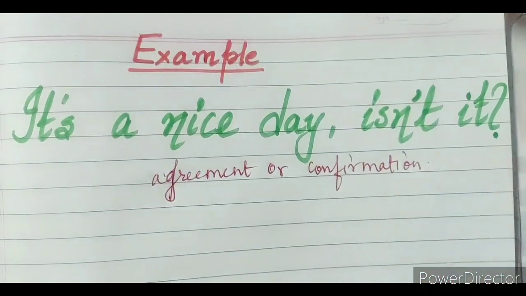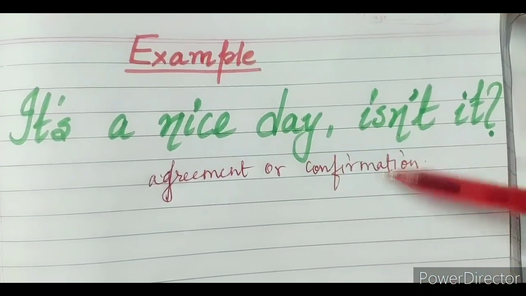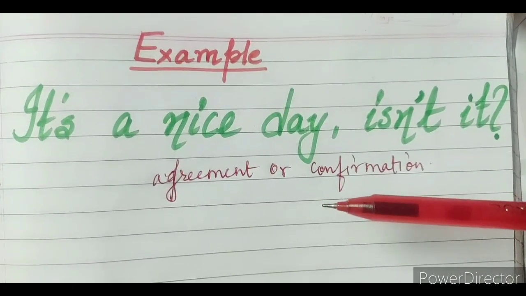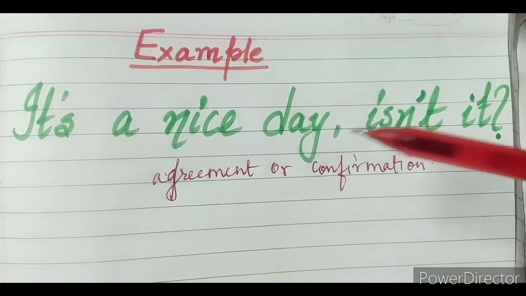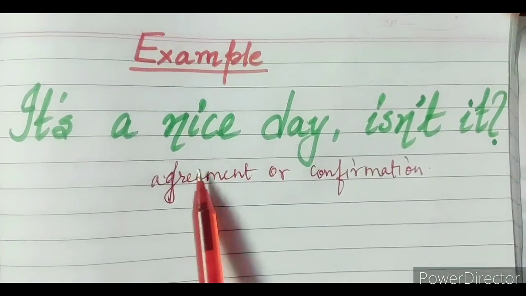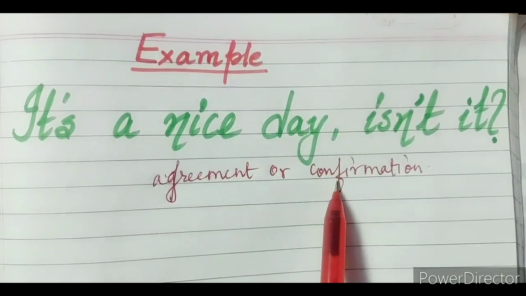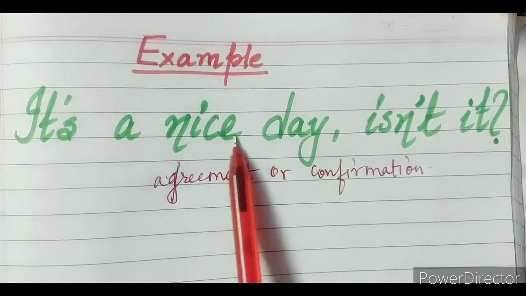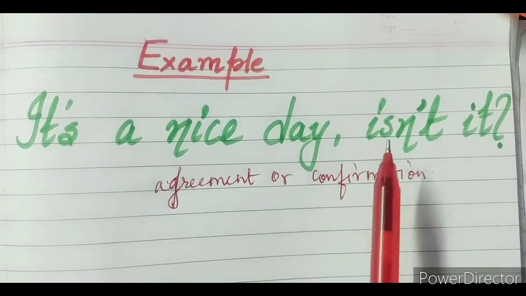So I want you to agree with my statement or I want you to confirm my statement, and that is one of the most important usages of question tags. So whenever you want someone to agree with your statement or you want someone to confirm your statement, you use the question tag. Remember this.